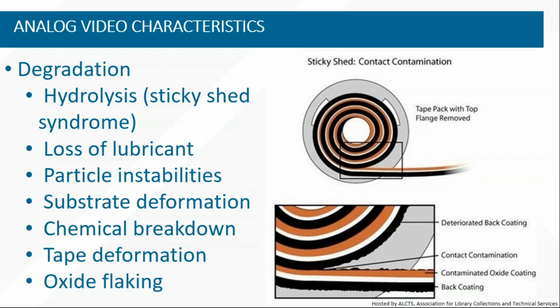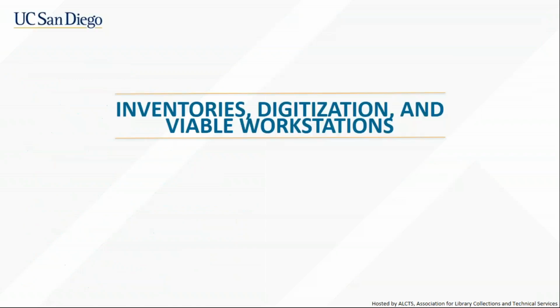It can ruin both the video and the actual tape deck that you're using to play back the video. So when we're considering digitization, we want to be able to identify those tapes most at risk and prioritize them. So let's talk about inventories, digitization, and viable workstations.